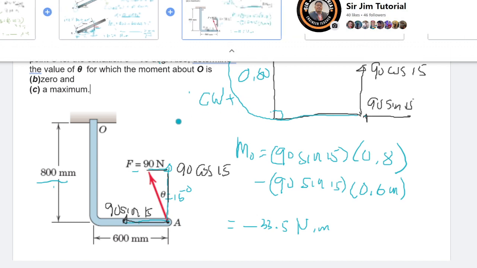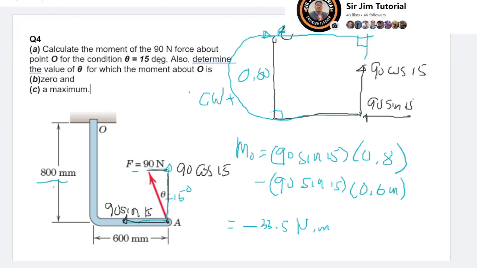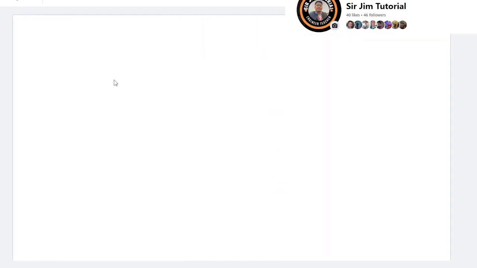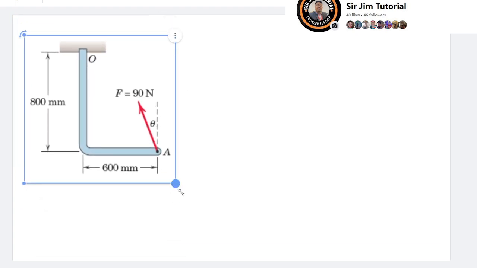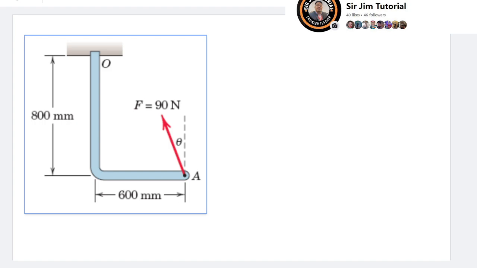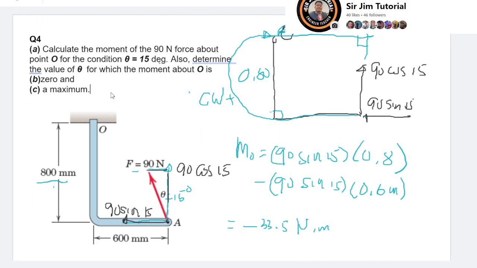Okay, let us compute letter B. For letter B, the question is to compute what would be the value of angle when moment is equal to 0.